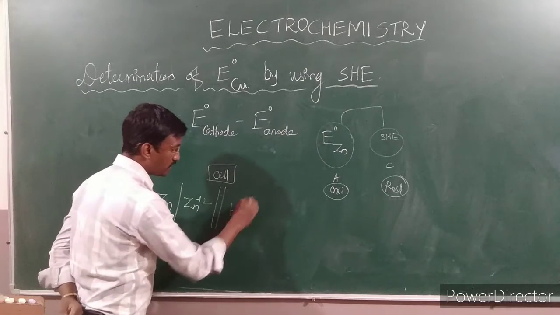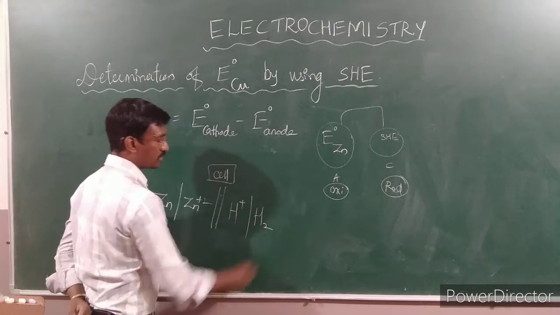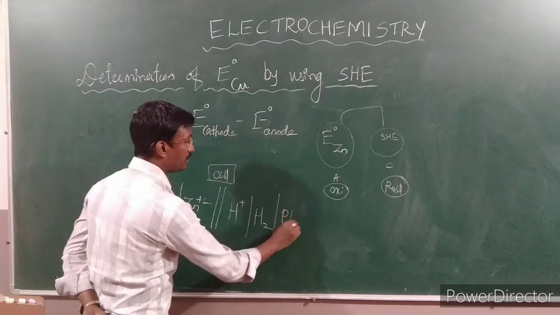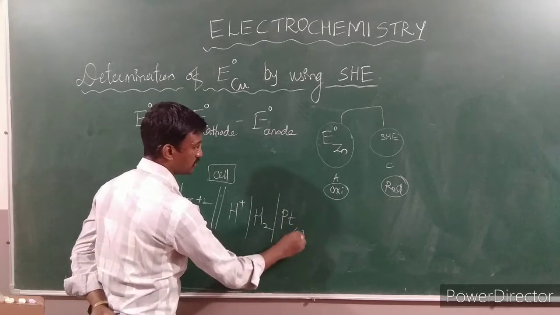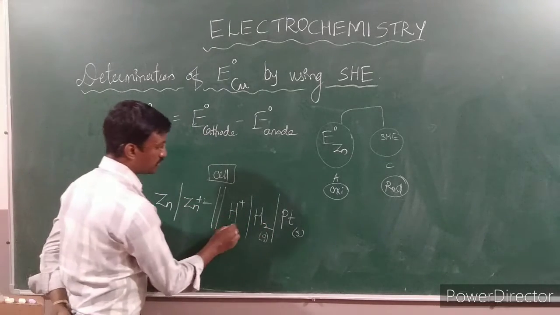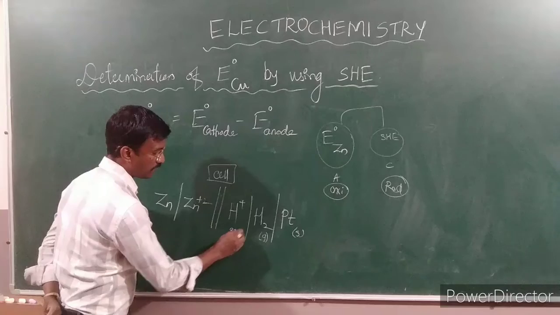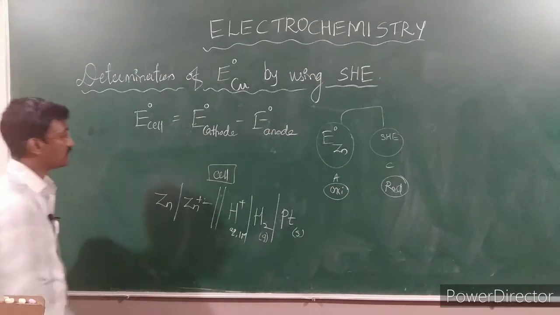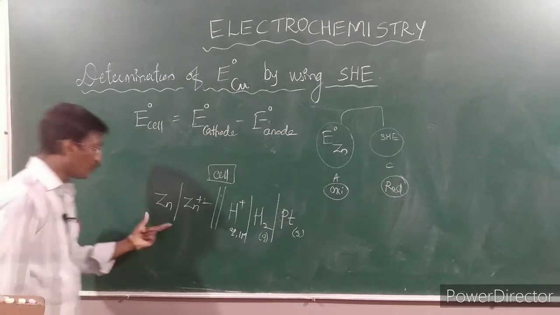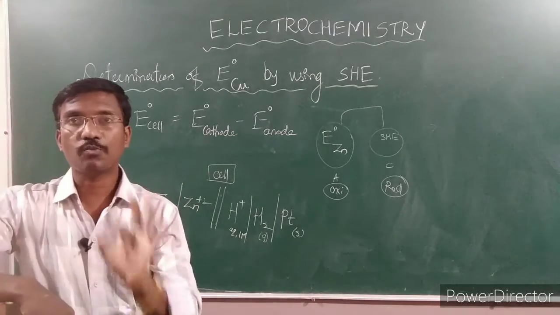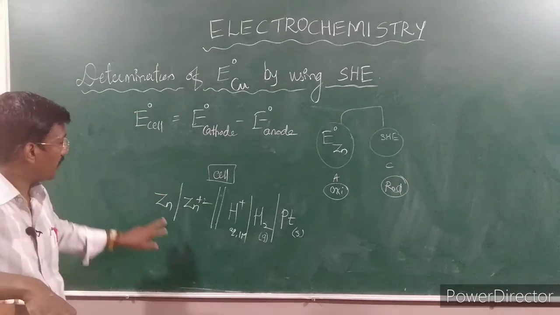That hydrogen ion forms hydrogen gas, which is deposited on the platinum surface, which is solid. Hydrogen gas, H+ which is aqueous, having 1 molar concentration. This is the cell representation while determining the standard electrode potential of zinc.